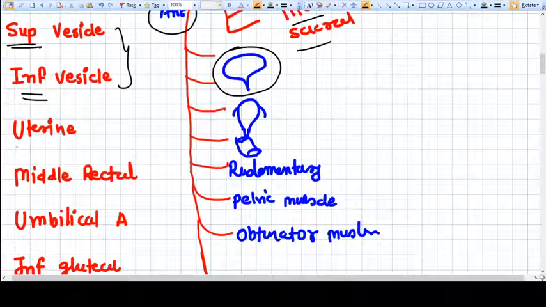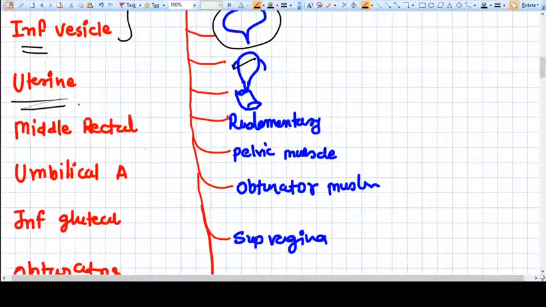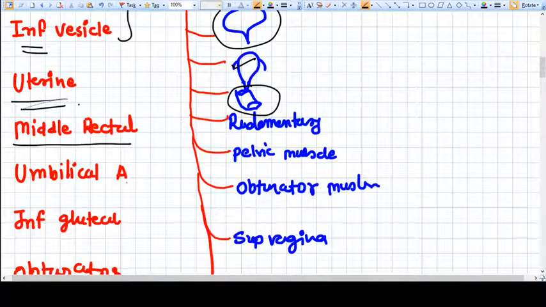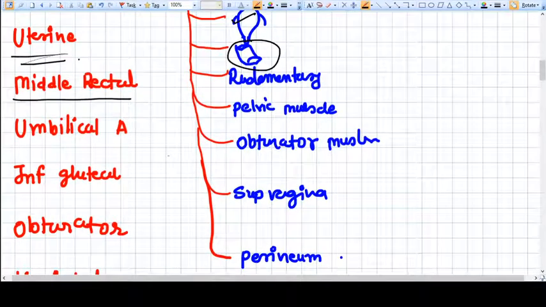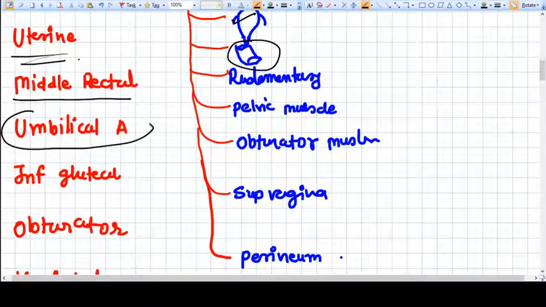Then comes the uterine artery, which supplies the uterus. Then comes the middle rectal artery, which supplies the rectal part. There are various blood supplies of the rectum, but one of them is the middle rectal artery. Then the umbilical artery, which is a rudimentary structure. It is very useful in the case of the fetus.